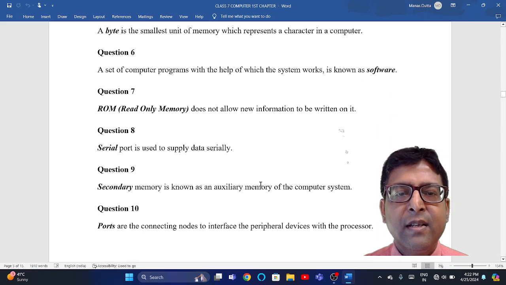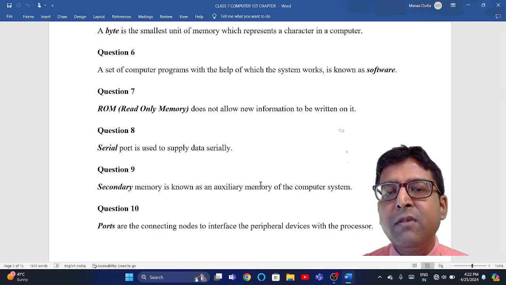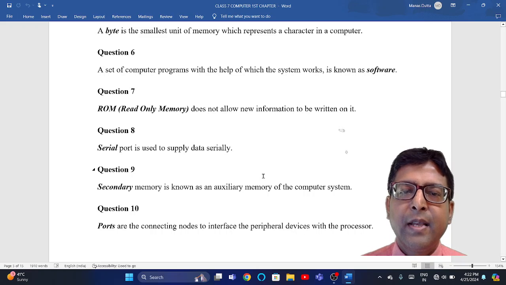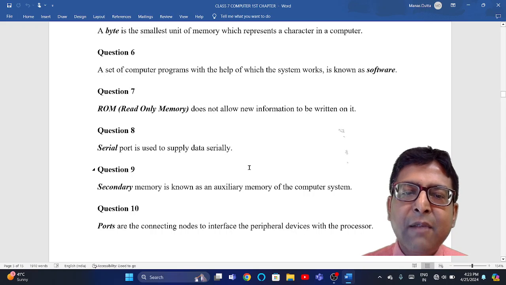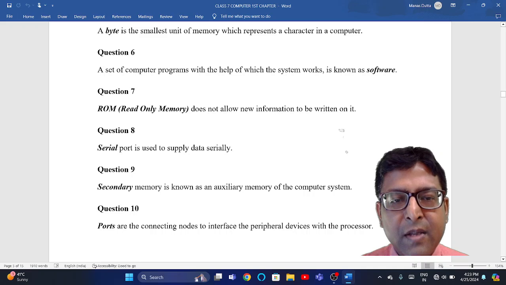Question 7, ROM, read-only memory, does not allow new information to be written on it. Answer will be ROM. Question 8, serial port is used to supply data serially. Fill in the blank, serial port.